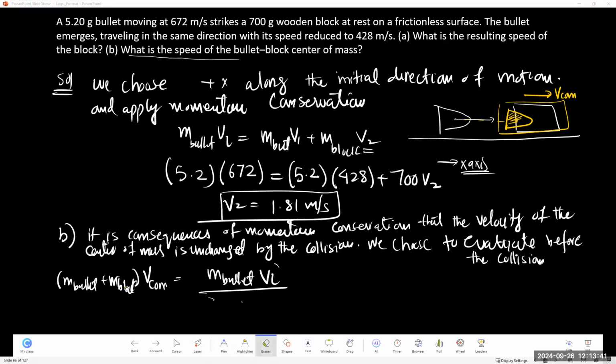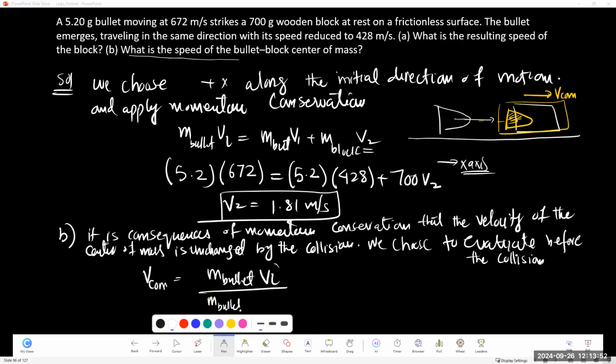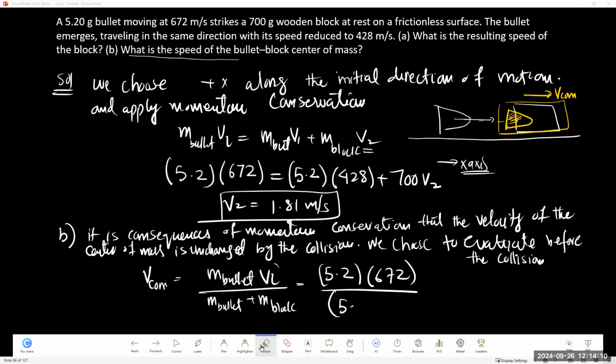So I'm going to erase this and bring it to the other side of the equal sign to save some space. And it's going to be m bullet plus m block. If I substitute the values, it's going to be 5.2 times 672 divided by 5.2 plus 700.